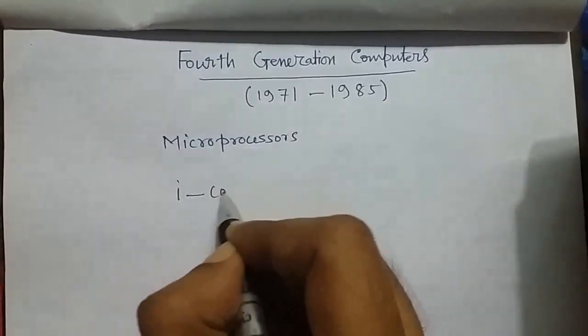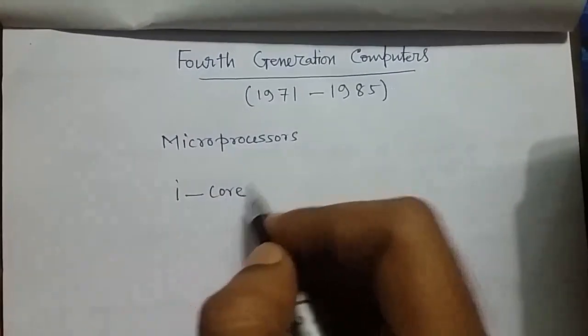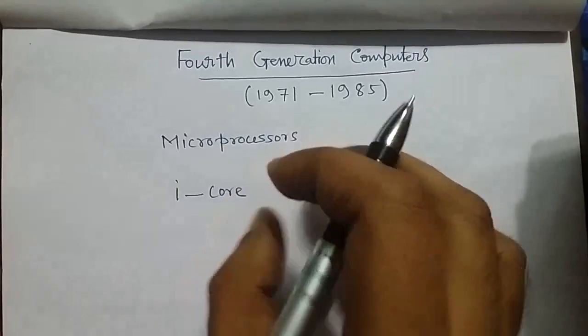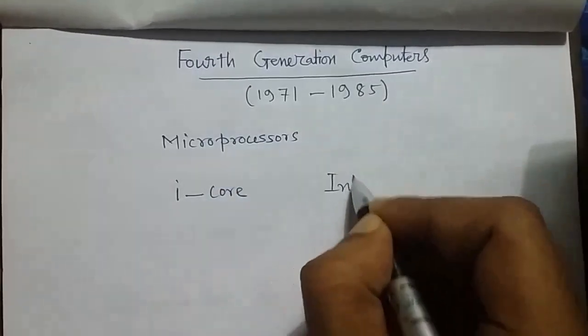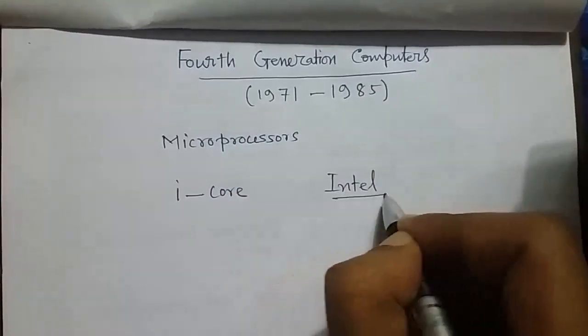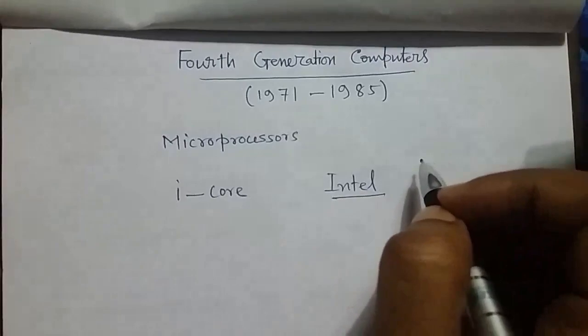At present, the I-Core series is considered as one of the most powerful microprocessors developed by Intel Corporation in the United States of America.